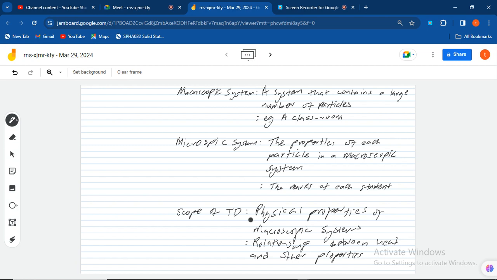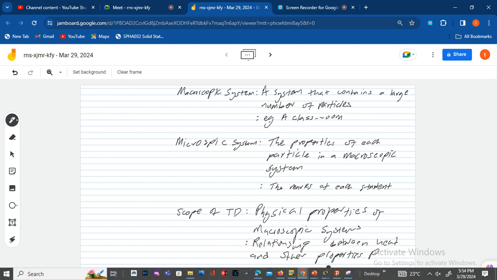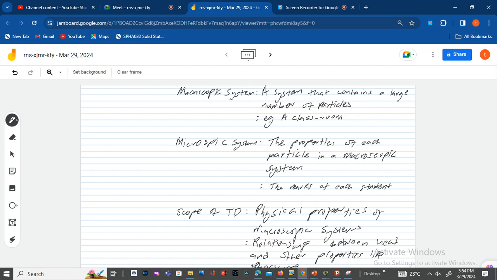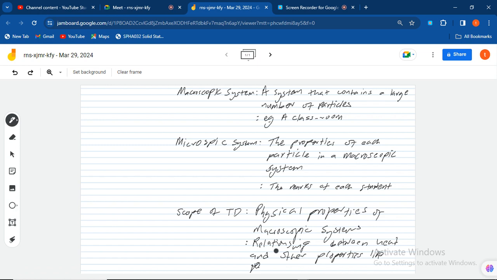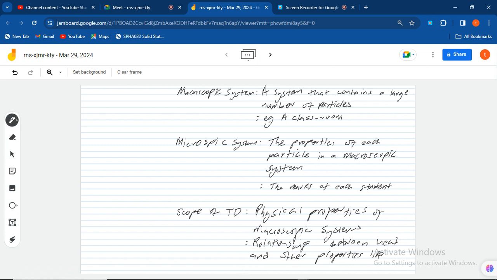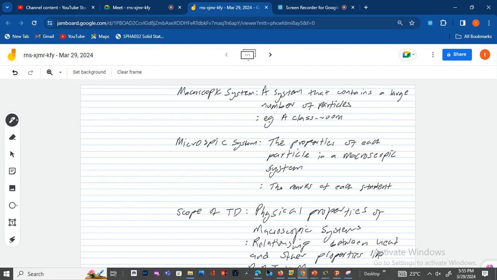So we know about this heat, right? We have to identify the relationship between that heat and other properties like pressure, or you can just write P for pressure, density, temperature, volume, mass, and so on and so forth.